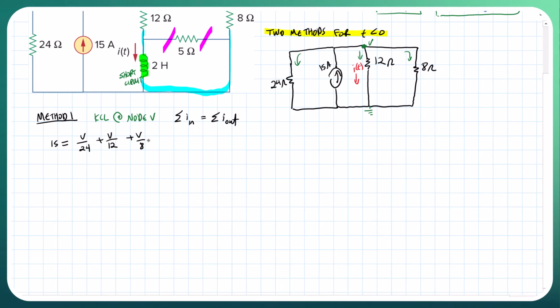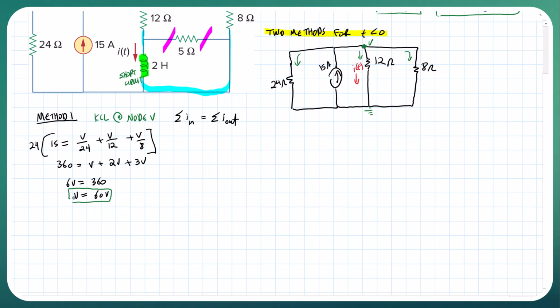Essentially we just need to solve for V here. To get a common denominator, I can multiply the entire thing by 24, and that gives us 360 equals V plus 2V plus 3V, and so that's 6V equals 360, and then V equals 60 volts.